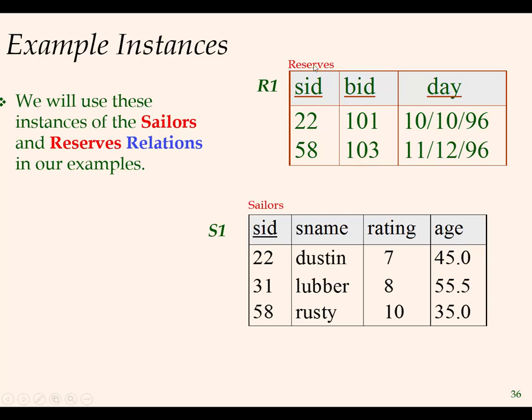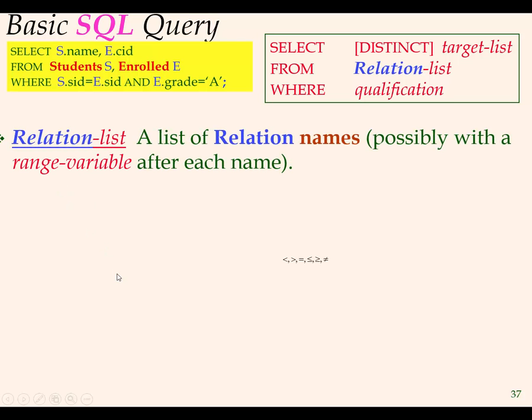So here is an instance for reserves. It has two tuples. Here is an instance for sailors. We did look at SQL. Let's introduce it formally. This is the syntax: select from where. And again, the relation list is the list of the relations that are actually going to be used.